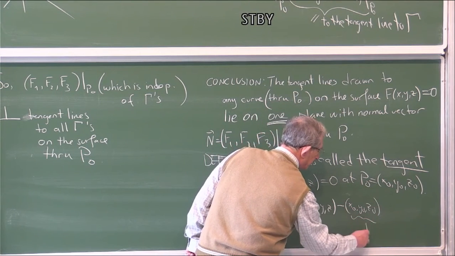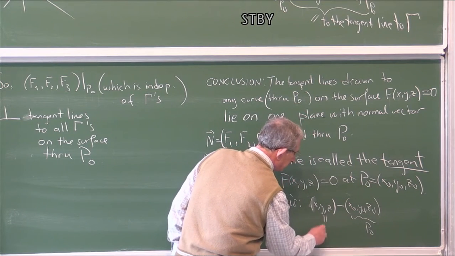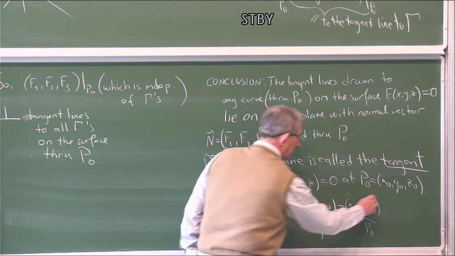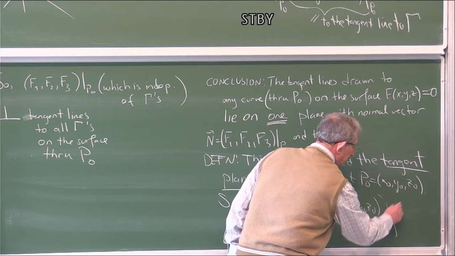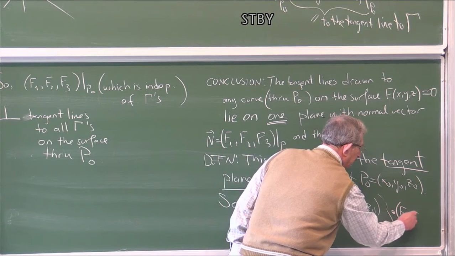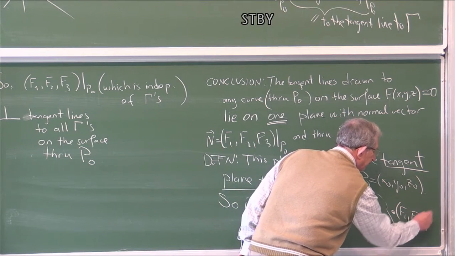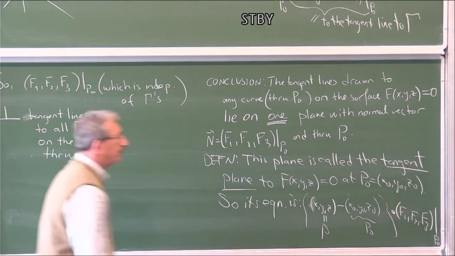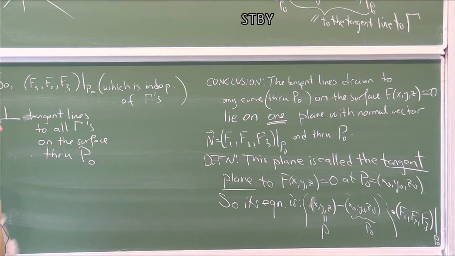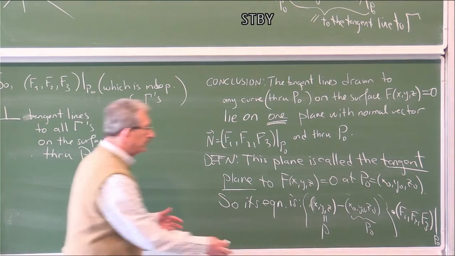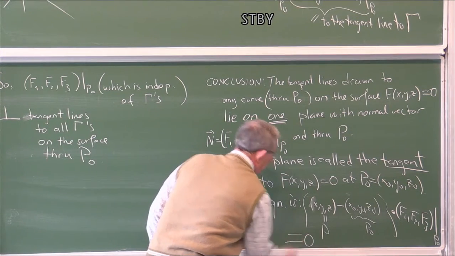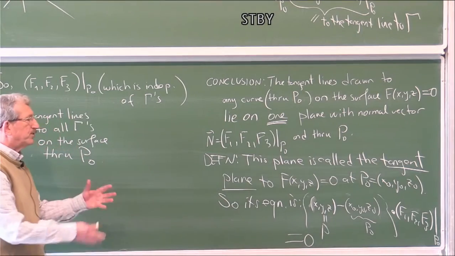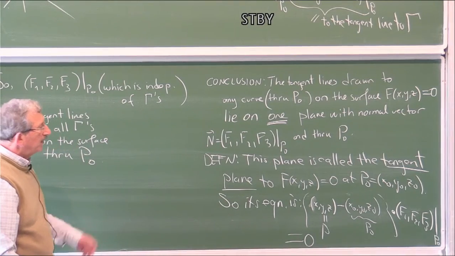This is P0. This is P, dot F1, F2, F3 at P0, which is the normal vector, is equal to 0, of course. So this is the equation of the tangent plane.